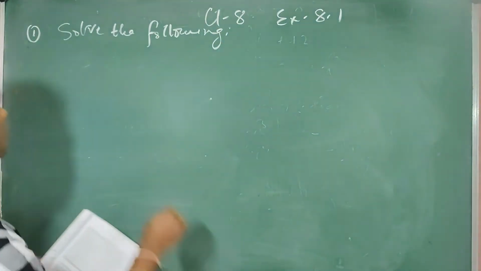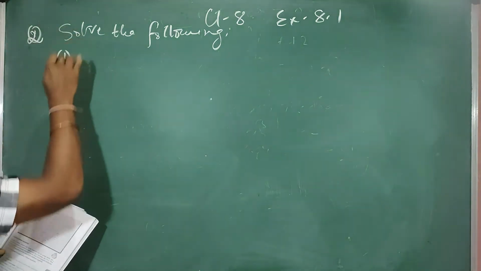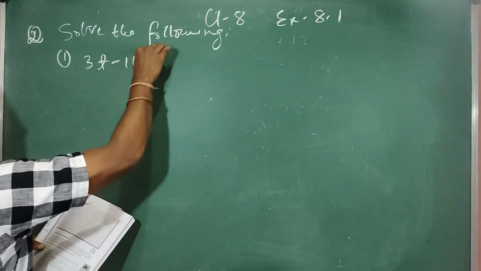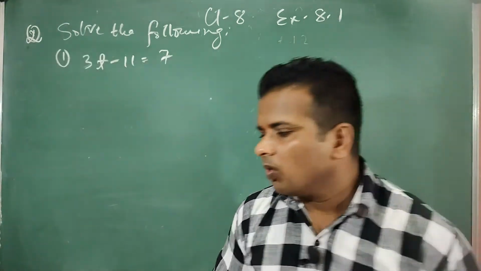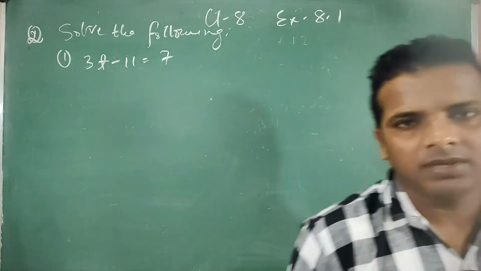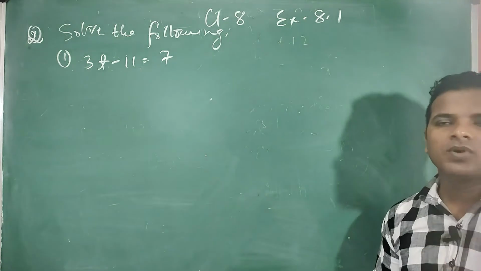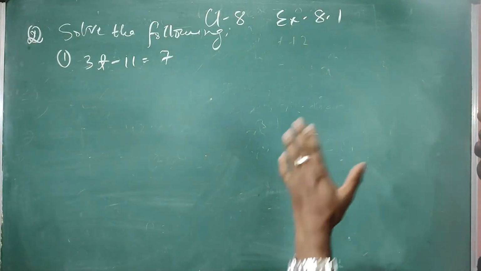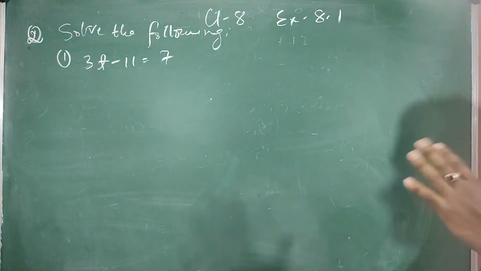Have a look at the question nicely. Question number 1 is just multiple choice questions and fill in the blanks, so leave it; you can do the fill in the blanks yourself. But from question number 2, which is very important, solve the following equations, where Roman number 1 is 3t minus 11 is equal to 7.